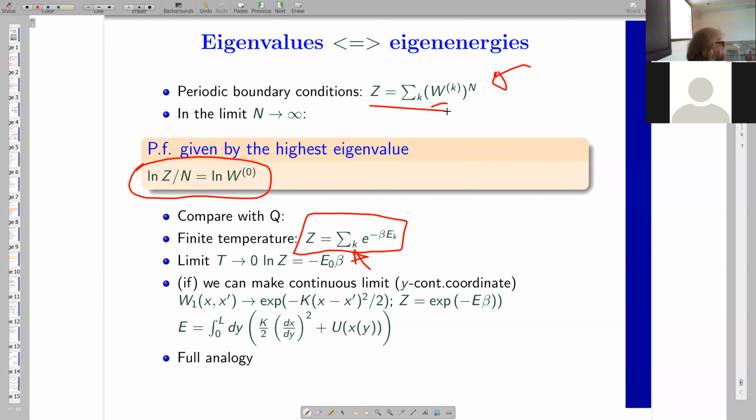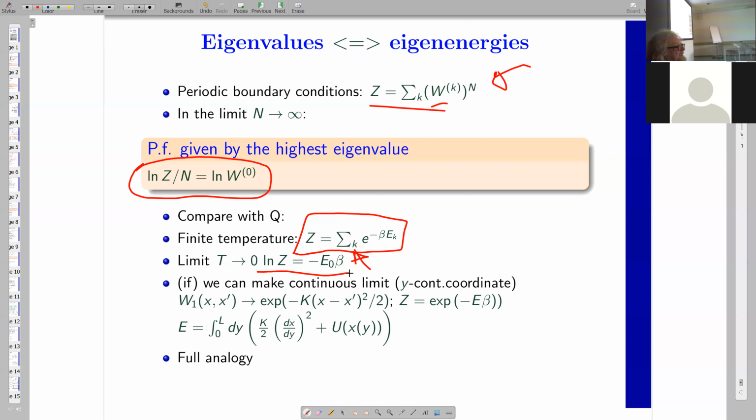But if you go to the limit of low temperature, we can safely assume that our system is in the ground state with the smallest energy. So the partition function is expressed through the energy of this ground state.